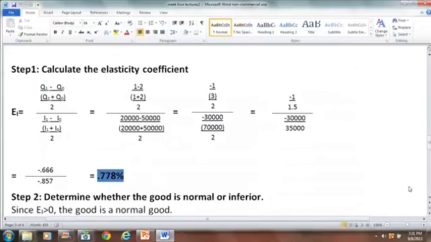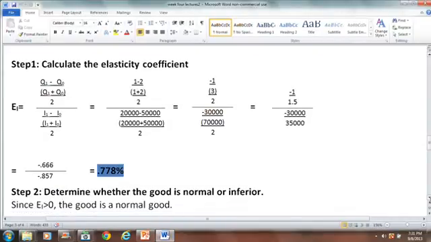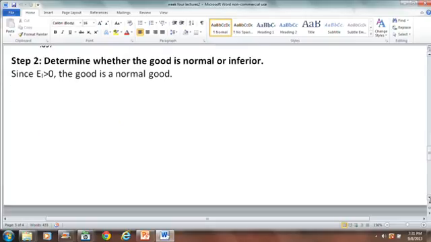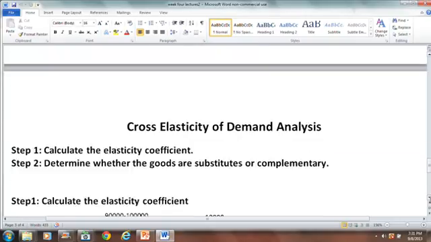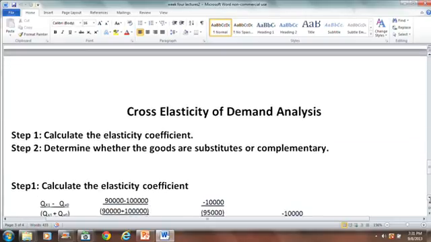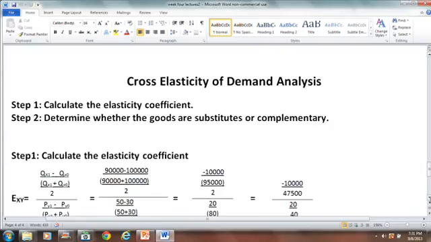When I do that, I am engaging in cross elasticity of demand analysis, and it's a 2-step process, just like income elasticity of demand. First you calculate the elasticity coefficient, and then based on the coefficient value, you determine whether the goods are substitutes or complements.